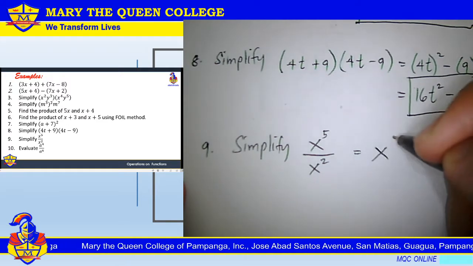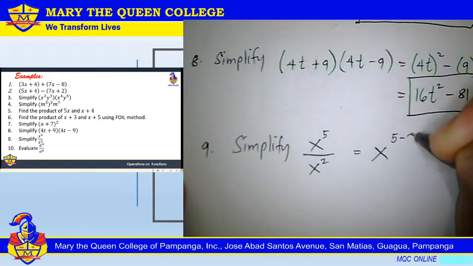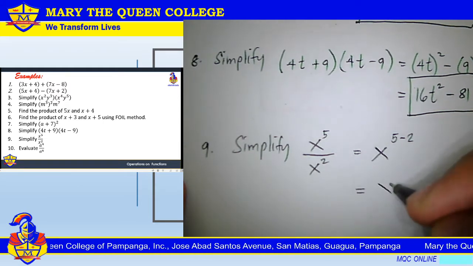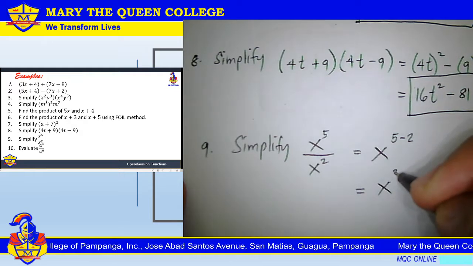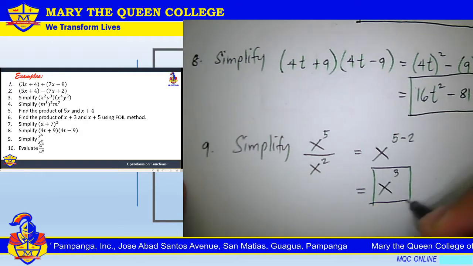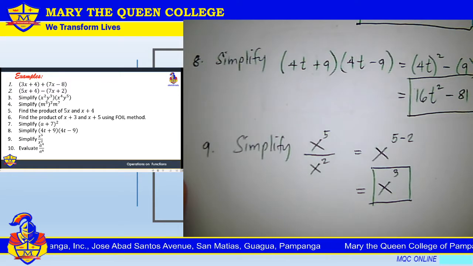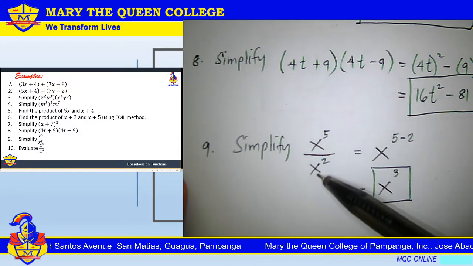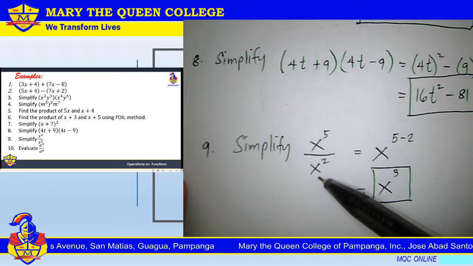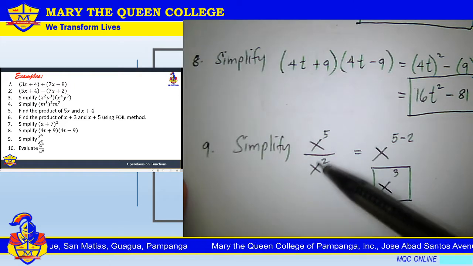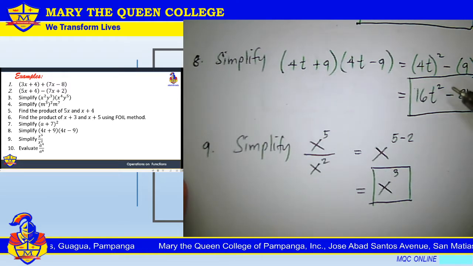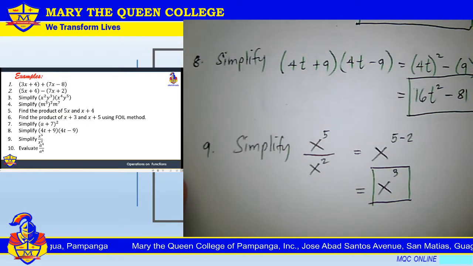So, this will become x raised to 5 minus 2. Okay? And then, simplify it further. X raised to 5 minus 2, that is 3. So, our final answer now is x cubed. So, ganun lang po siya kadali. But this is applicable if the exponent of the numerator is greater than exponent of the denominator. And kailangan parehas po sila ng base or yung variable. Okay? So, that is for number 9.